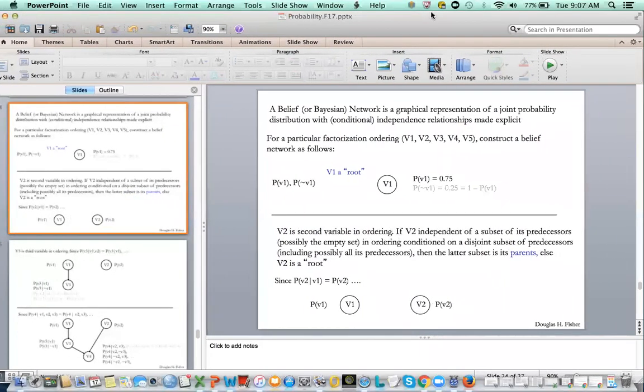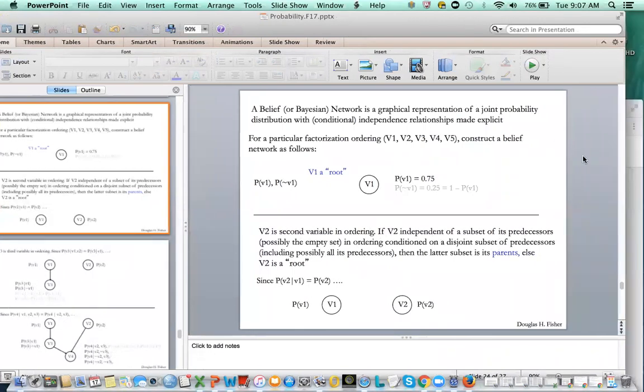Again, I'm on slide 24. I'm going to construct a belief network that models the data as I briefly introduced it on the previous slide. So I start with a factorization ordering when building a Bayesian network. You take the first variable in that factorization ordering, V1 in this case, and you make it the root of the Bayesian network.